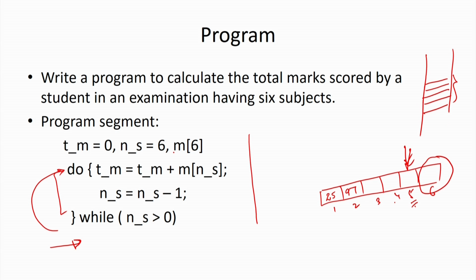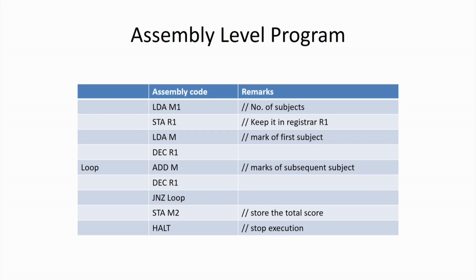Now, this is a high level language. When we are going to write a program in low level or assembly level, this is basically related to this particular example. Here, first I am writing load accumulator m 1.